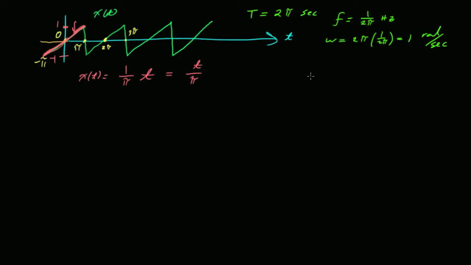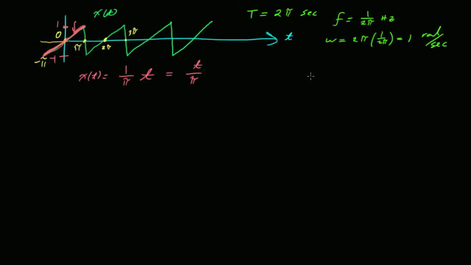Question. You're saying the frequency is 1, so isn't that a pure tone then? That's a good question. The question was, if this is the frequency, doesn't that mean it's a pure tone? It doesn't. If it was a cosine with that frequency, it would be a pure tone. This is some other signal that's periodic, and it still has a period and a frequency, but it's just not a cosine that's periodic.